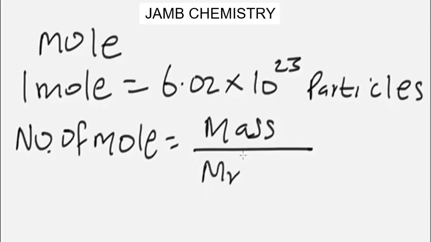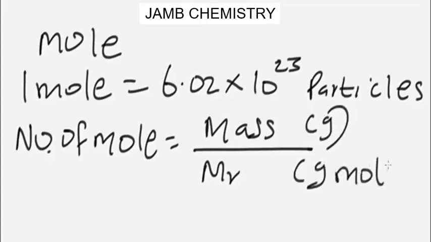Remember, you can call it relative formula mass or you can call it molar mass. Take note of this. The mass of the substance is usually measured in gram. The relative formula mass or the molar mass is measured in gram per mole. So take note of these respective units.